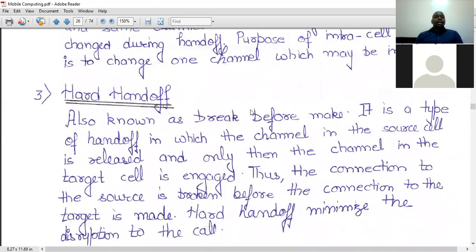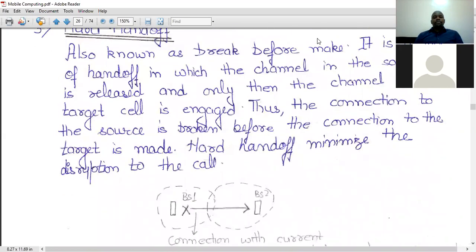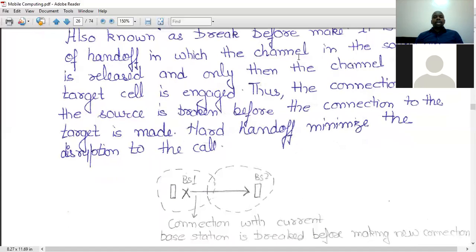Then hard handoff, also known as break before make. Hard handoff is the type of handoff in which the channel in the source cell, where you are coming from, so that means you are moving from one cell to another, right? Source cell, and then there is destination cell, okay?